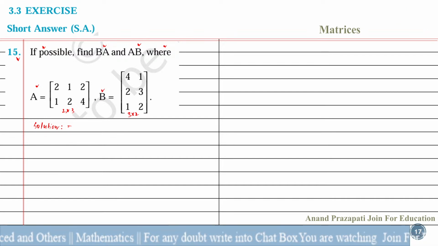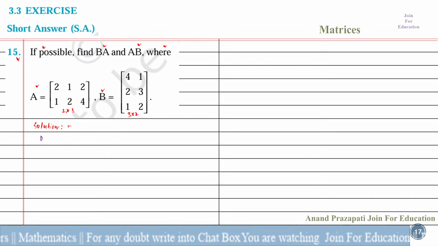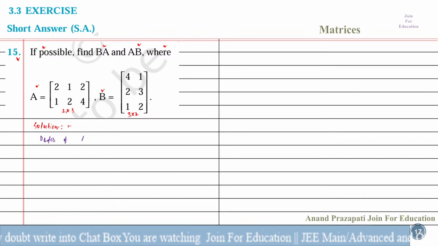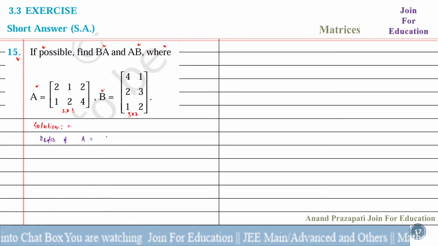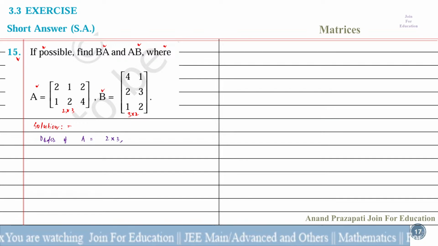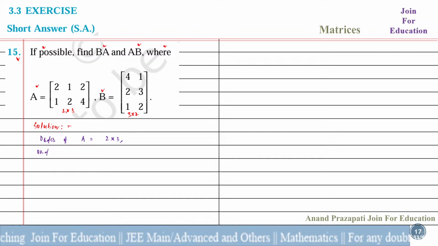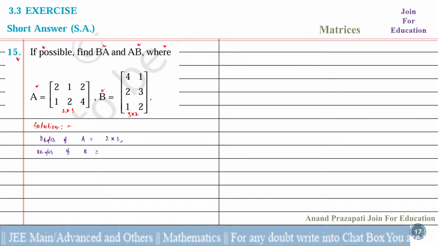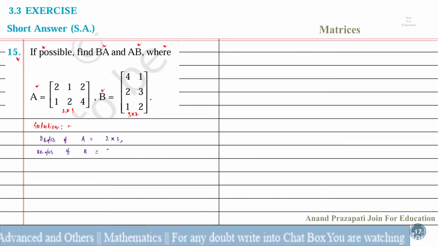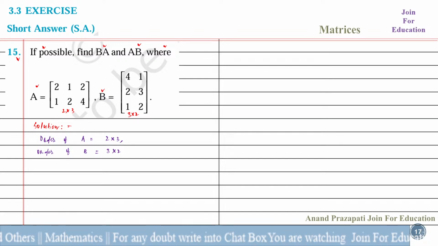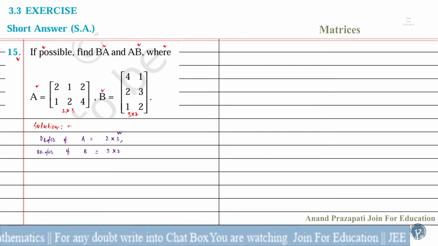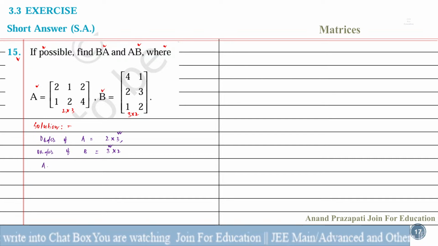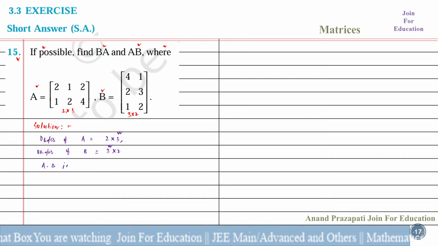So we write down here order of A equal to 2 by 3 and order of B equal to 3 by 2. So number of column of A is equal to the number of row of B. Therefore, A into B is possible.